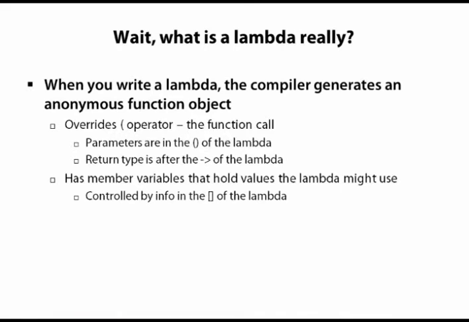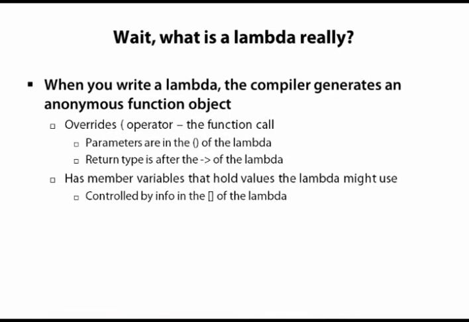Now, so far, the bodies of the lambdas I've shown you haven't used anything other than the parameter, n in most cases, that it was passed. But the lambda has access to information from the calling scope, and that information is put into member variables of this anonymous function object that's being generated for you.